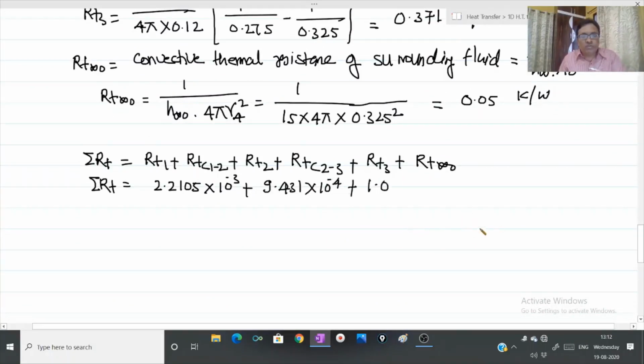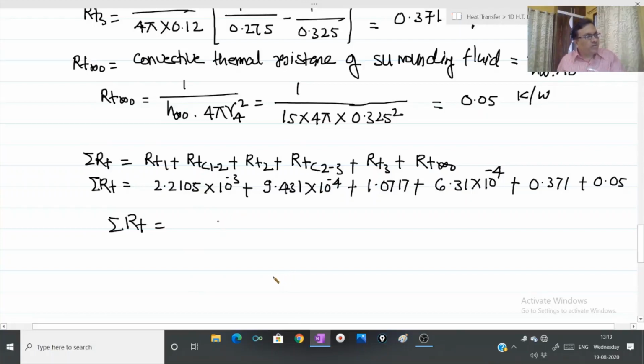RT2 we could calculate as 1.0717. RTC23 is given as 6.3 into 10 to power minus 4. RT3 is given as 0.371, and finally RT infinity O is given as 0.05 Kelvin per watt. So this will give me the value of total thermal resistance as 1.4965 Kelvin per watt.